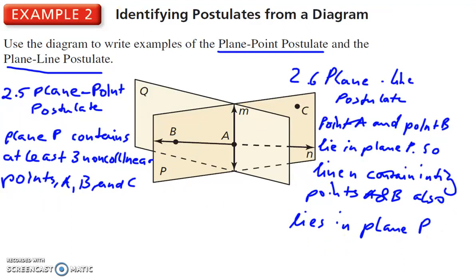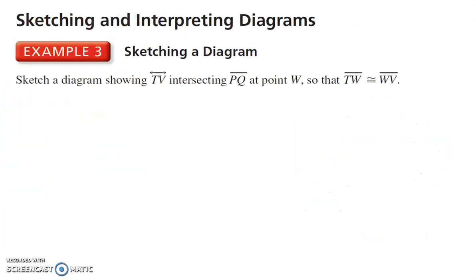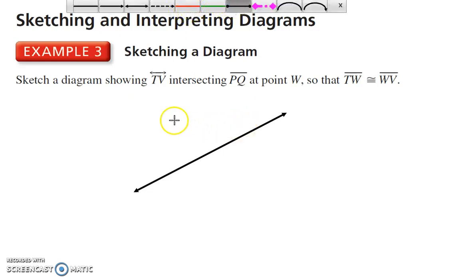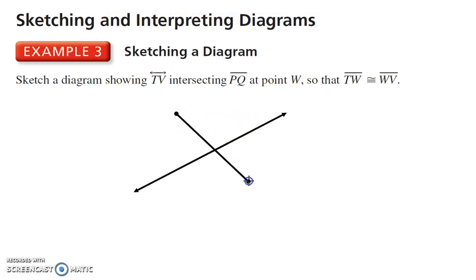Alright, sketching and interpreting diagrams. We want to sketch a diagram showing line TV intersecting segment PQ at point W so that TW and VW are congruent. Alright, so we need a line. There's a line. Then we want a segment PQ. Here's segment PQ.